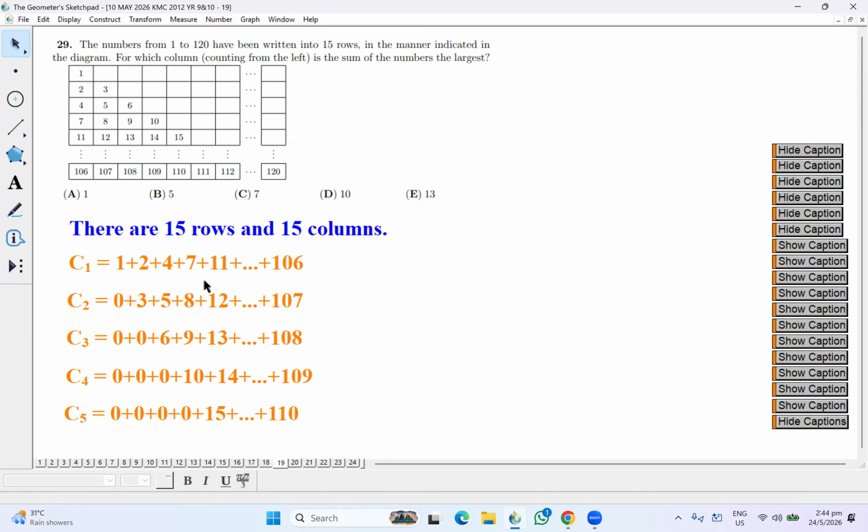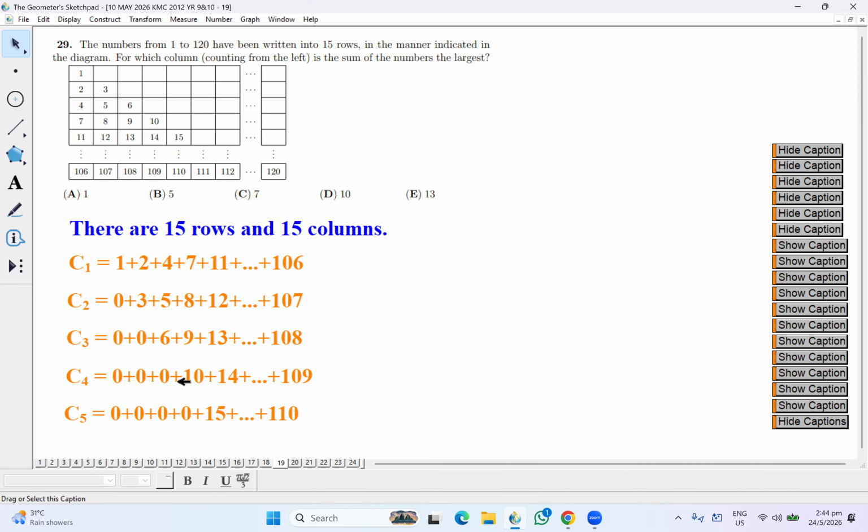If we look at column 3 and column 2, we know column 2 is bigger than column 1 already, so we check whether column 3 is bigger. It has 6 more than 5, 9 more than 8, 13 more than 12, 108 more than 107. That is 13 terms, so 13 times it wins and only loses out 3, from 0 versus 3. So C3 is bigger.